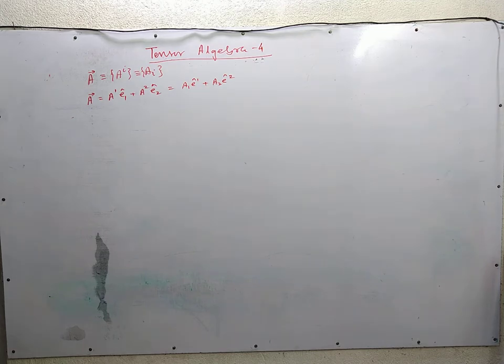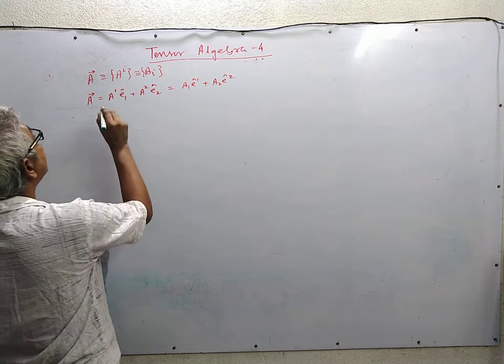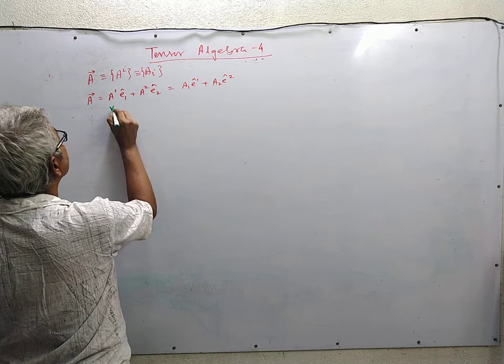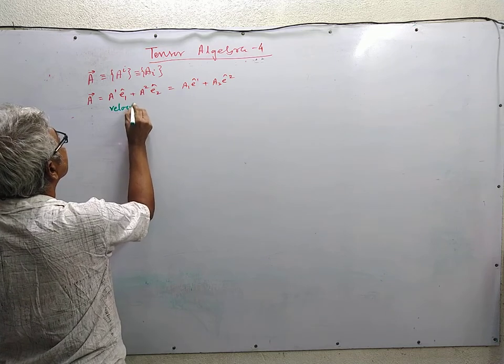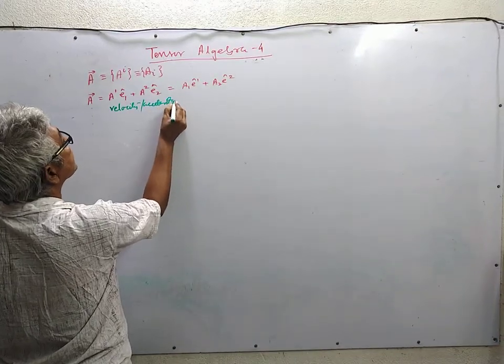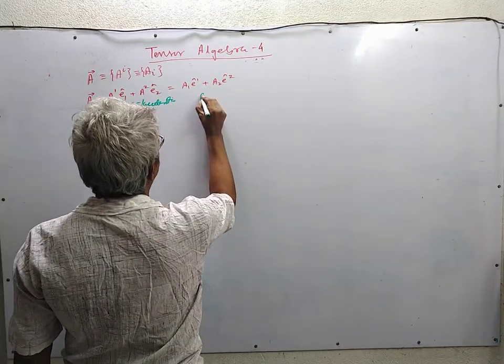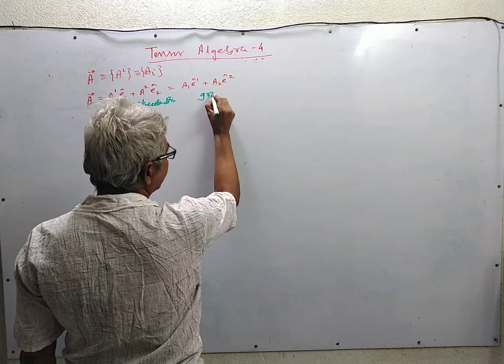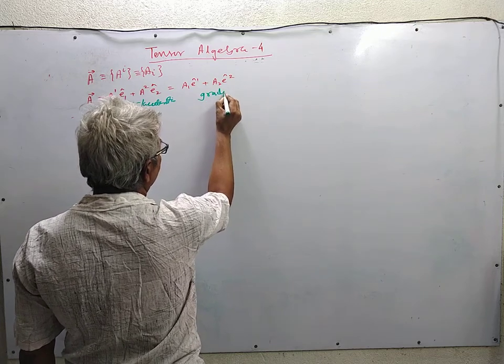Recall that examples of a contravariant vector are velocity, acceleration, etc. And an example of a covariant vector is the gradient.